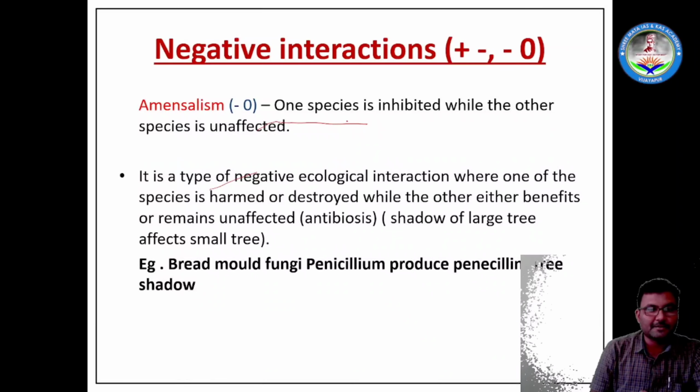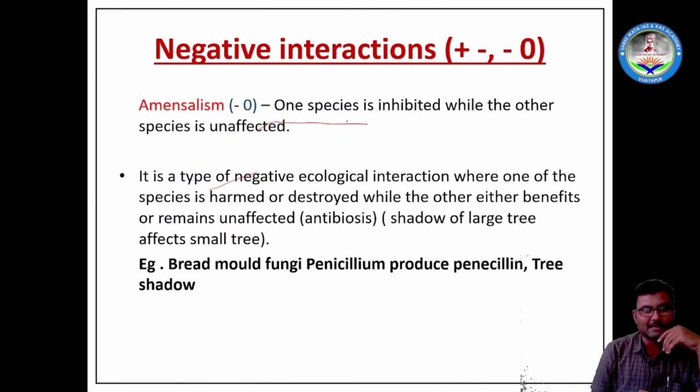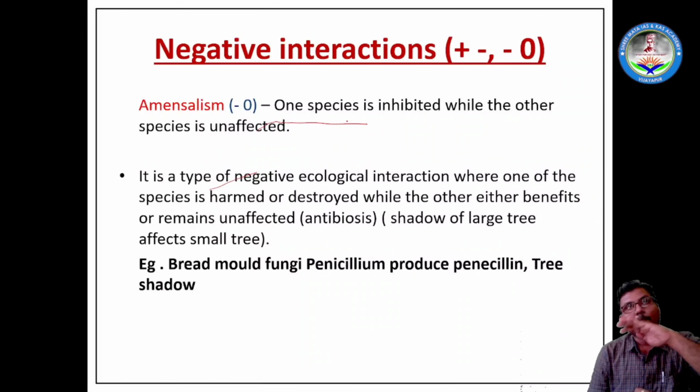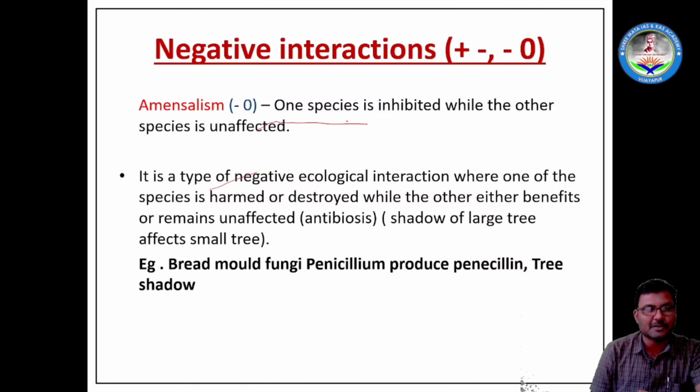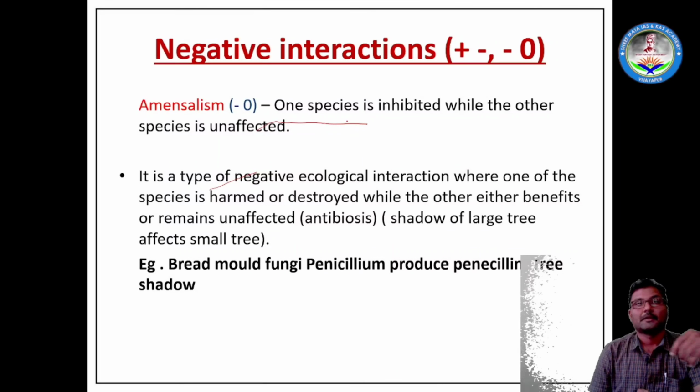You can't get any small plants because the big banyan tree stunts the entrance of sun rays. If the small plants don't get sun rays, they cannot do photosynthesis and they die. This is called amensalism.